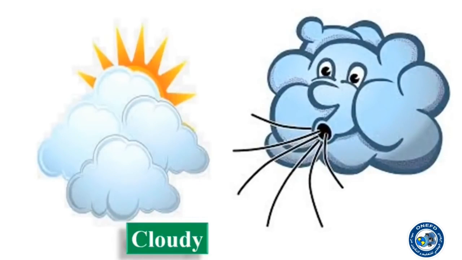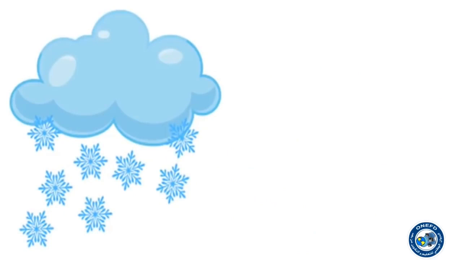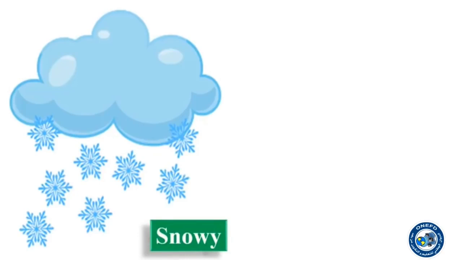In the fourth picture, the weather is windy. So, cloudy and windy. Cloudy is when it is unclear. The sun is not clear. There are clouds in the sky. And this is snowy. It is snowing.